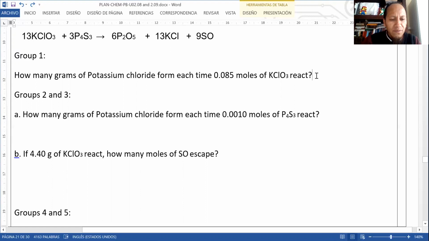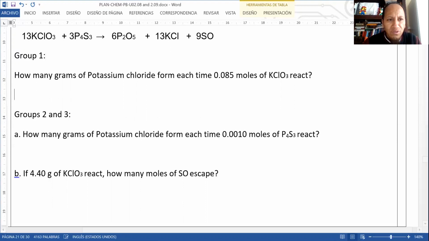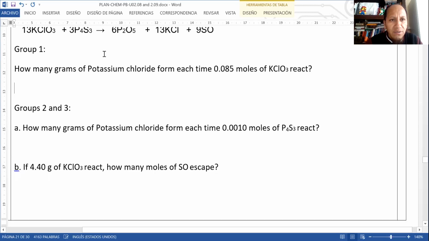You need to read the exercise, which says: how many grams of potassium chloride form each time 0.085 moles react? What you need to do always is write down the data first, and then work with it.